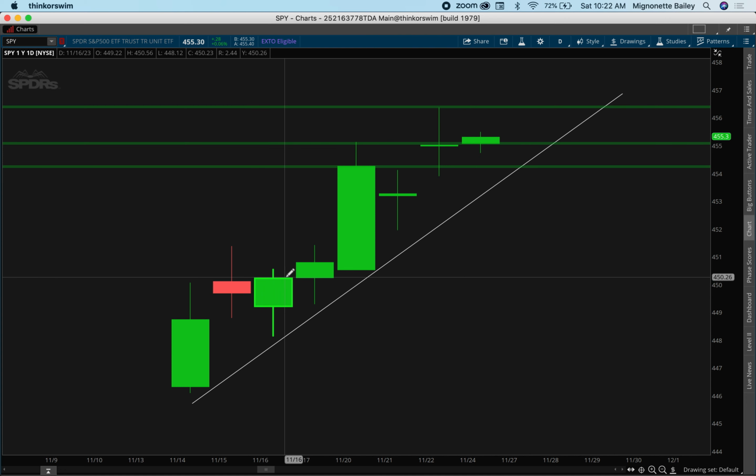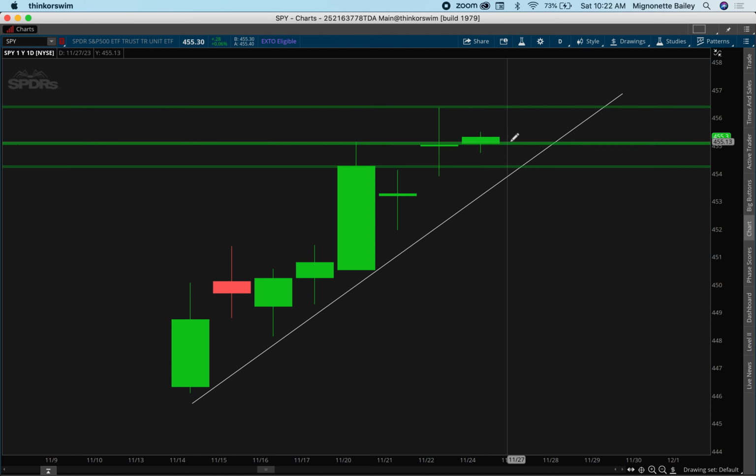The next day, the candle body moved up a little higher, moved up a little higher, moved up a lot higher. Got a little bit of a pullback here, but the following trading day, we moved higher. And then, even though Friday was a short day, we still moved a little higher. So we are still in this uptrend.